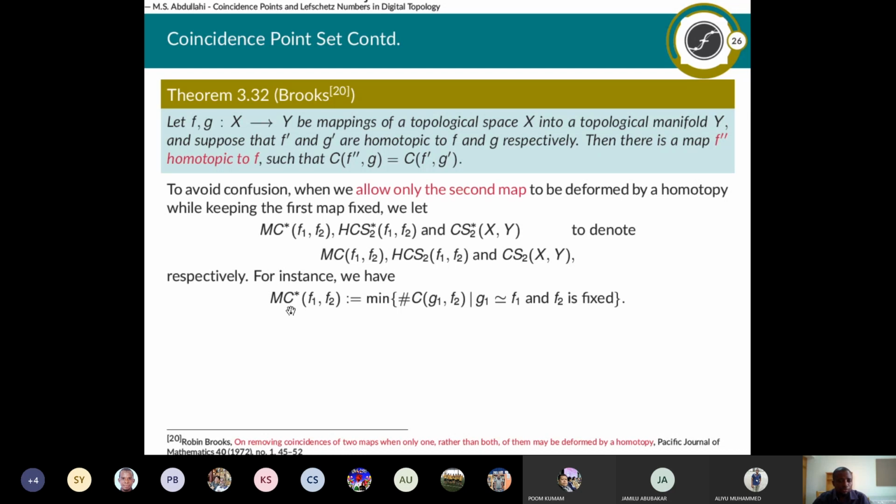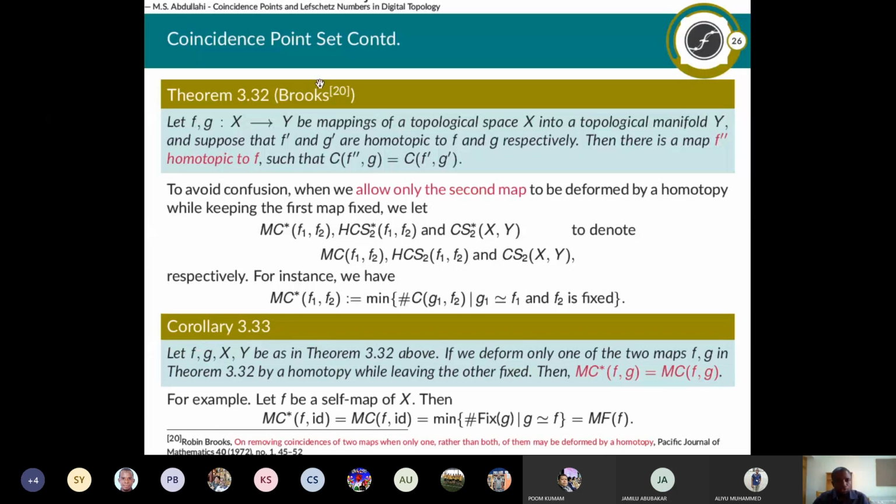For example, if we see any set MC star F1, F2, it means the minimum coincidence number such that F1 is allowed to be changed by homotopy, while the function F2 remains fixed.